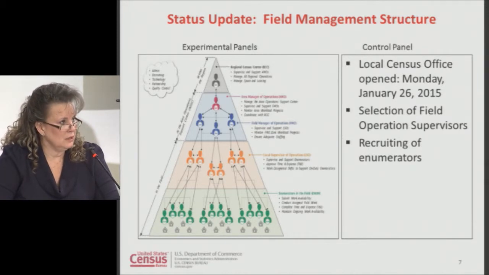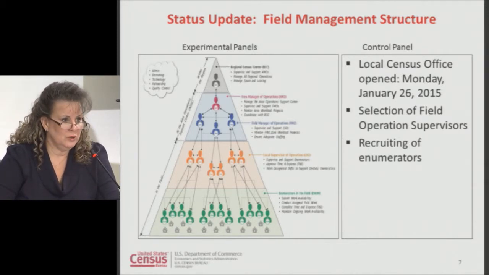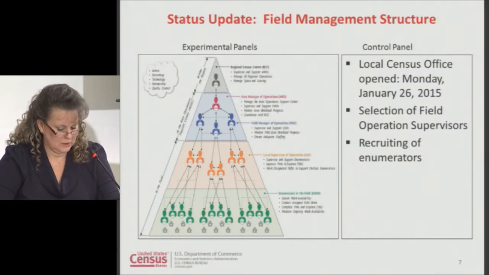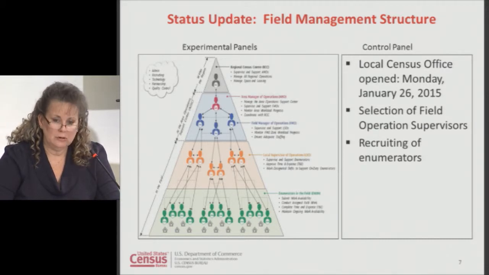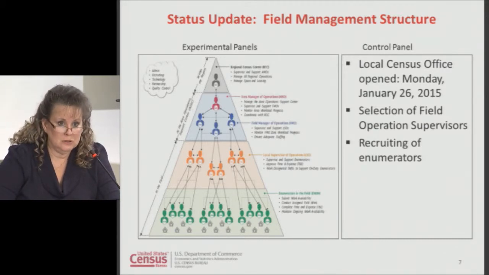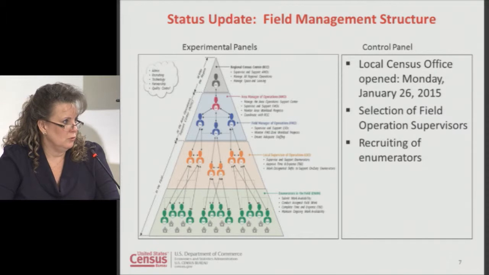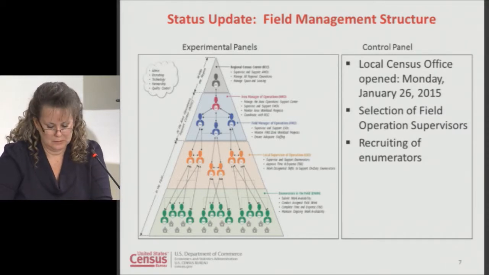The 700 handheld devices that the enumerators will use for data collection have arrived in the local census office. And as I mentioned on the previous slide, the recruiting of enumerators has concluded. We did exceed our overall recruiting goals in the Maricopa site.